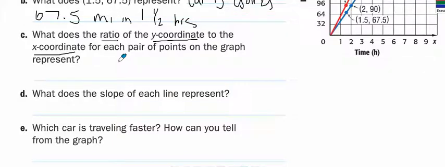So basically what it's asking is what each point means in relation to each other. So what you should have is the speed of each car at any given point.